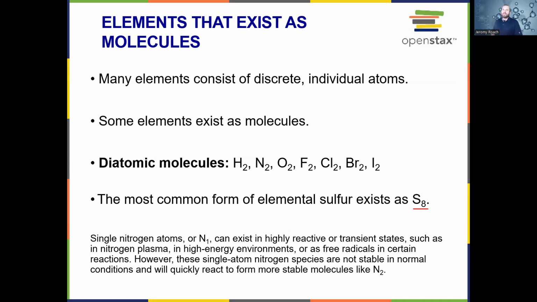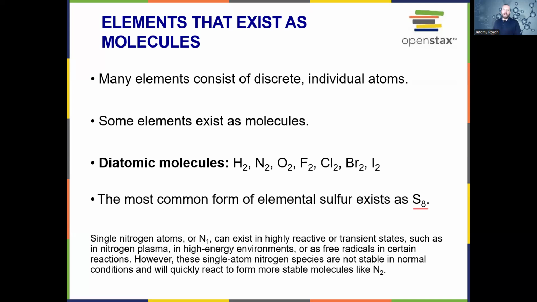There are some elements that exist as molecules, so not all elements exist as single atoms. Some of these elements occur naturally as molecules themselves. For instance, there are diatomic molecules, such as diatomic hydrogen, nitrogen, oxygen, fluorine, chlorine.